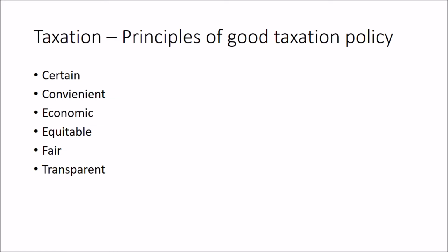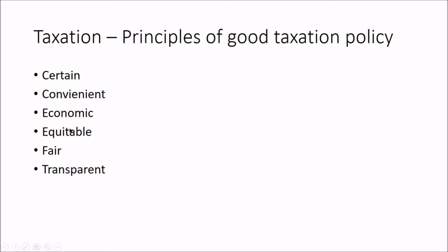So: certain, should be clear, easy to understand, easy to calculate. It should be convenient, easy for taxpayers to comply with. It should be economic: the cost to calculate and collect the taxation should be low compared to the actual tax collected. Equitable is an interesting one. Taxpayers in similar situations should pay the same amount, and the more wealth a person has, the higher should be their tax burden.